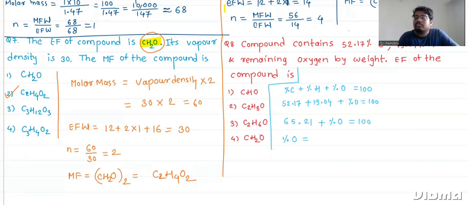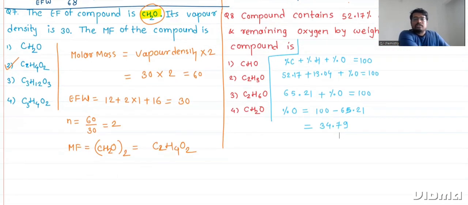Percentage of oxygen is equal to 100 minus 65.21 percent, which is equal to 34.79 percent. 34.79%. Okay, so these are the percentage of oxygen, right?